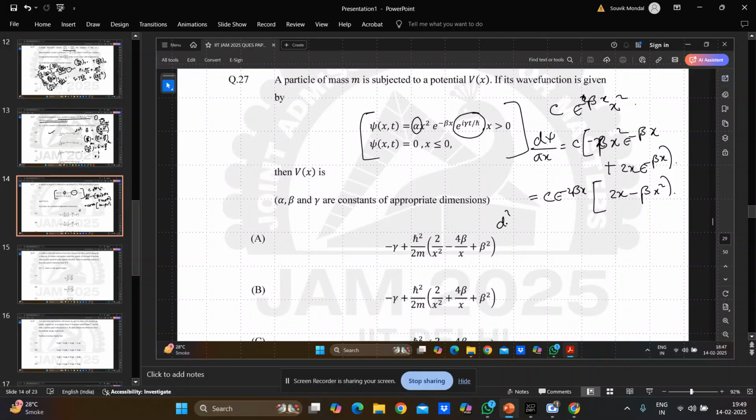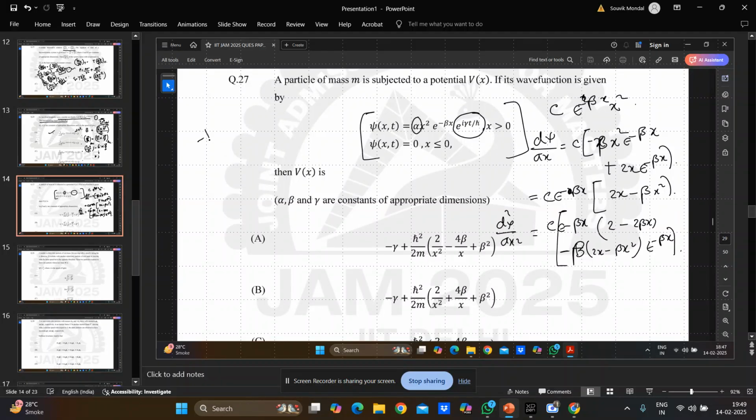Now d2 phi dx2 is equal to c e to the power minus beta x, take this derivative 2 minus 2 beta x plus 2x minus beta x squared into minus beta into e to the power minus beta x, right?